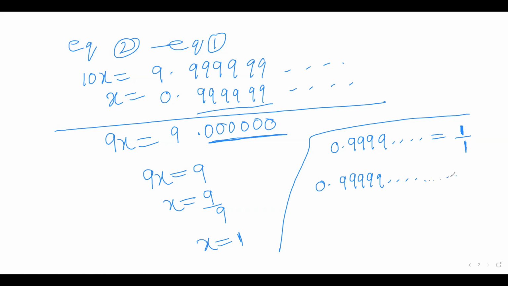It's not ending, so this value will be equal to 1. If it were ending, we could say that there is some difference. This is continuing, which means we can assume that it will reach 1. So this is the justification of the answer.